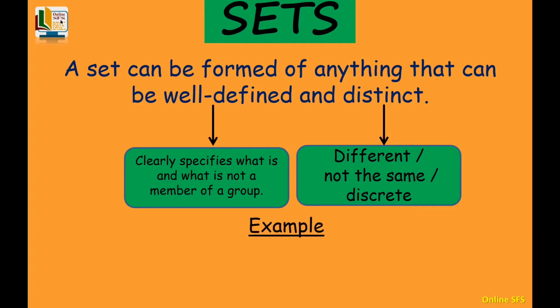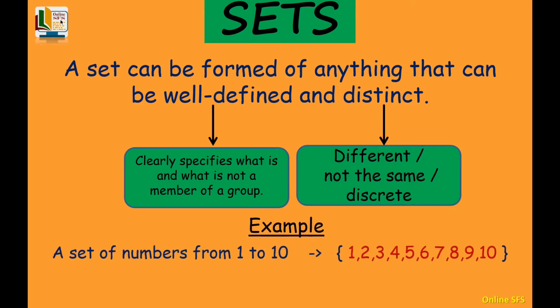Let's look at an example. Let's see a set of numbers from 1 till 10. If we write a set having numbers from 1 till 10, it will be 1, 2, 3, 4 and so on up till 10.